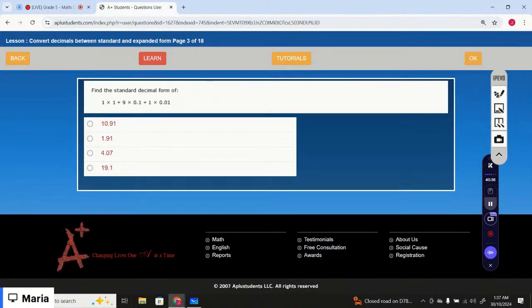Find the standard decimal form of 1 times 1 plus 9 times 0.1 plus 1 times 0.01, which is the correct option.